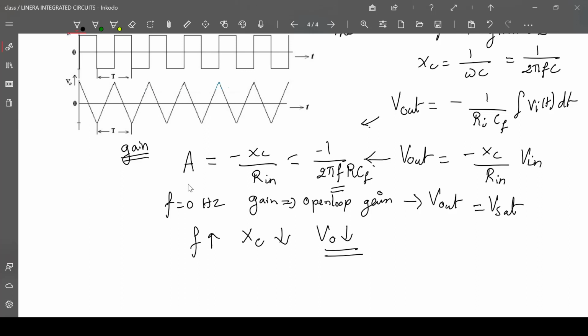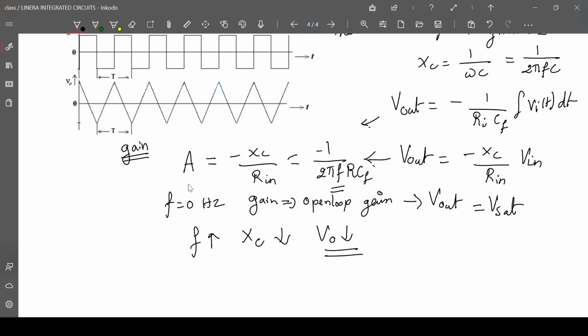So, practical consideration: the integrator should always be operated in higher frequency ranges only. If we make the integrator operate in the higher frequency range, then definitely the circuit will act as an integrator and you will get the corresponding output voltage.